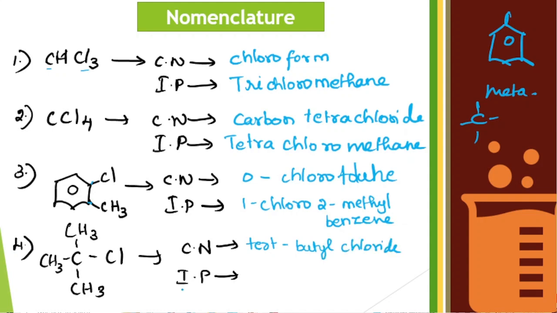You know how to write the IUPAC name. The IUPAC name is 2-chloro, naming it with the longest carbon chain, so 2-chloro 2-methyl propane.